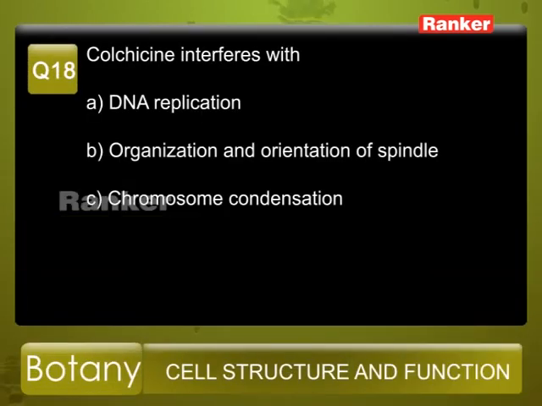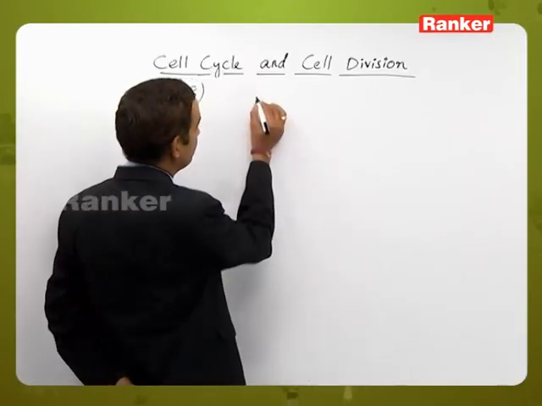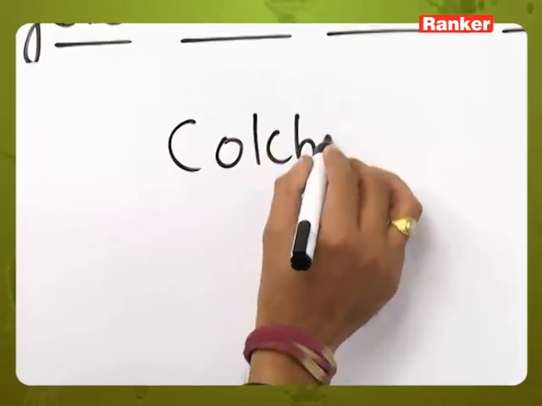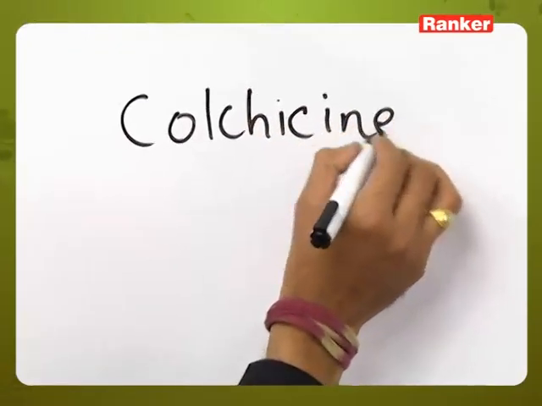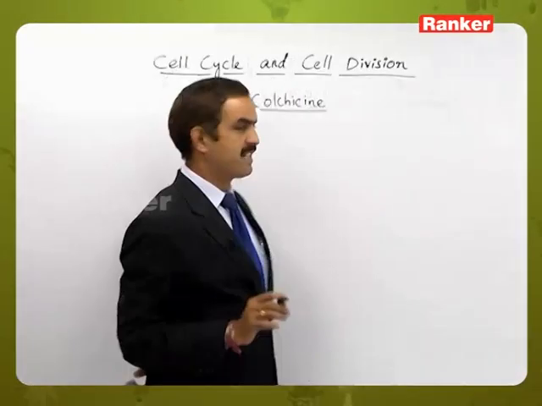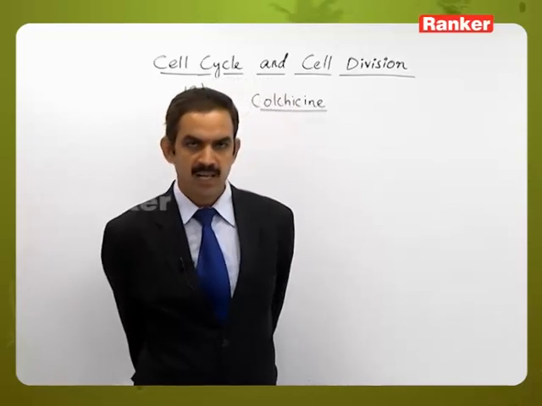Question number 18. Colchicine interferes with options: A. DNA replication, B. Organization and orientation of spindle, C. Chromosome condensation, and D. None of the above. So here colchicine is a chemical which is derived from the Colchicum autumnale plant.